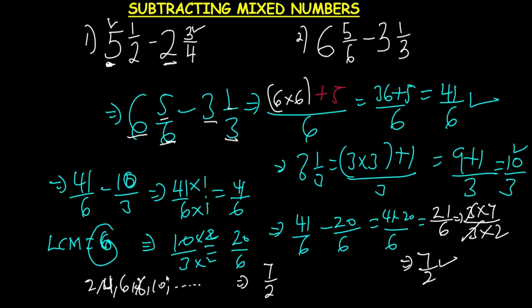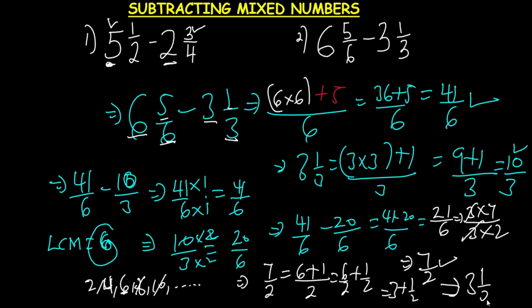As you know, 8 and 10 are greater, so they are not used. Now, 2, 4, and 6 are less than 7, but the 6 is closer to the 7, so we just write 6. Now, what number plus 6 will give you 7? Which is 1 over 2. Then we split it, which is 6 over 2 plus 1 over 2. And 6 over 2 is the same as 3 plus 1 over 2. So finally, we get 3 whole number 1 over 2.